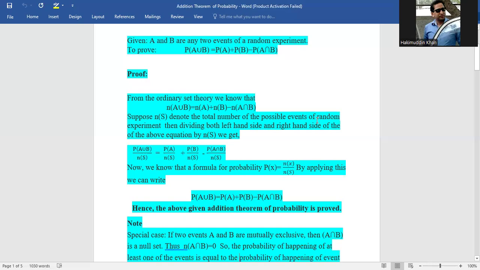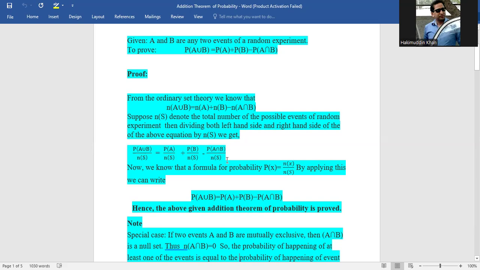Then dividing both the left hand side and right hand side of the above equation by N of S, we get, look here clearly, N of A union B divided by N of S equal to N of A divided by N of S plus N of B divided by N of S minus N of A intersection B divided by N of S.